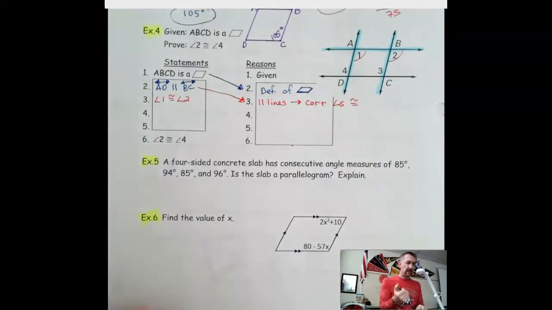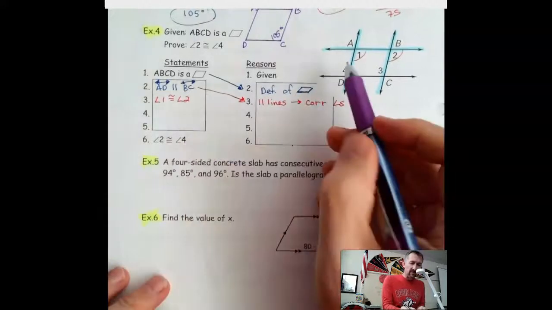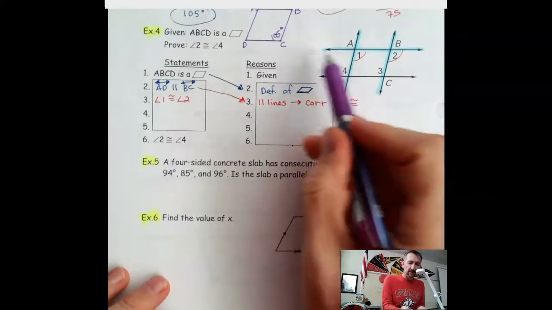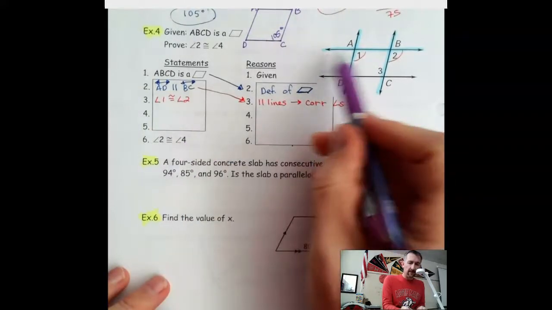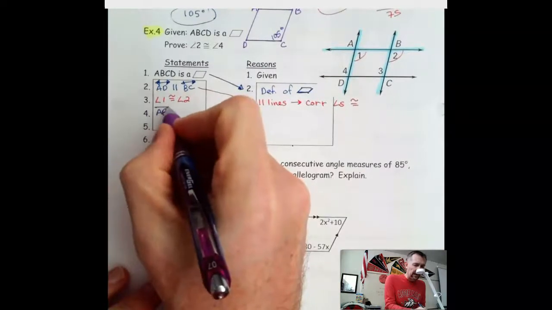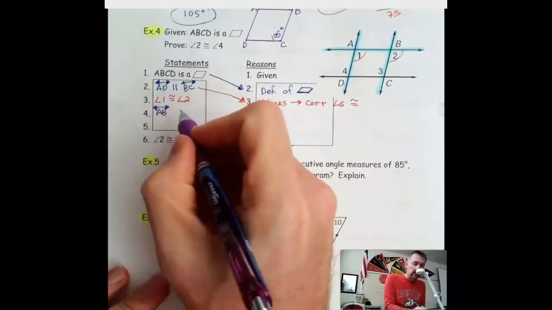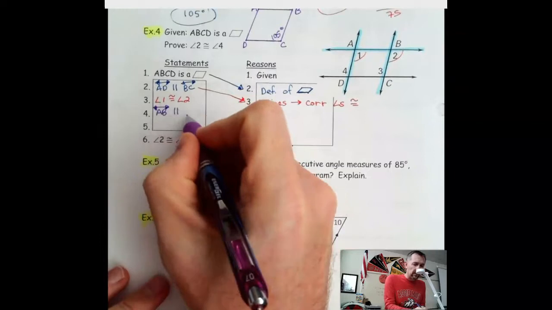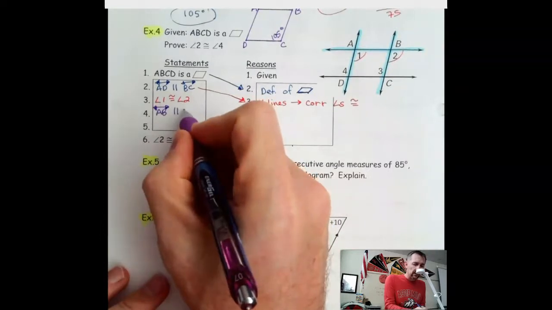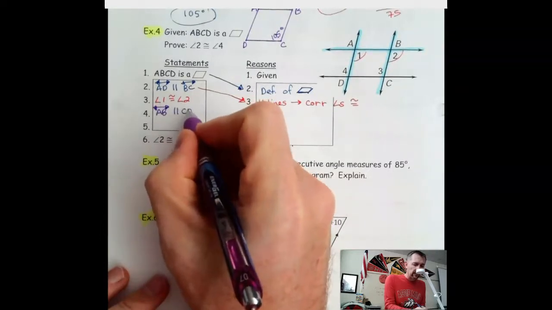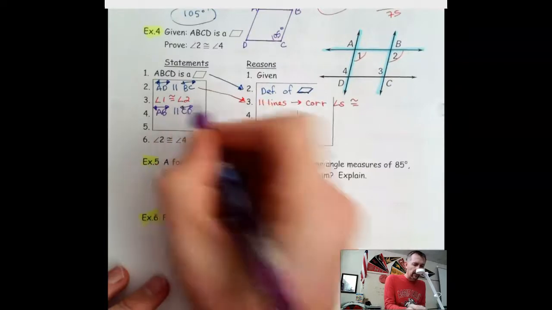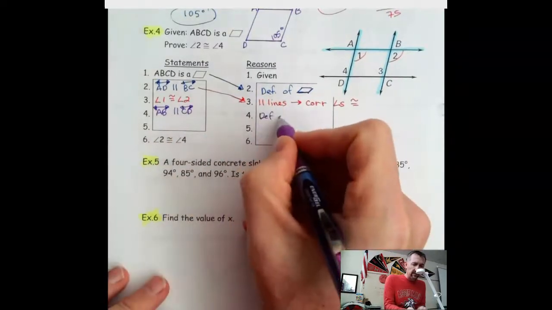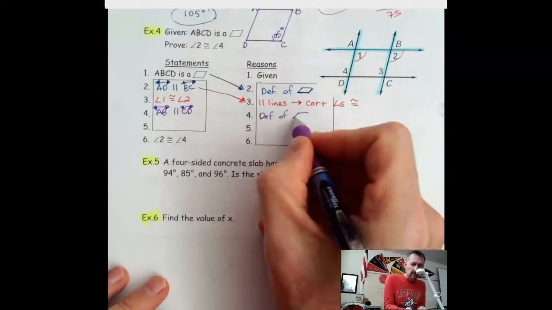Okay, now we also could say that AB and CD are parallel. Line AB is parallel to line CD. Also by the definition of parallelogram.